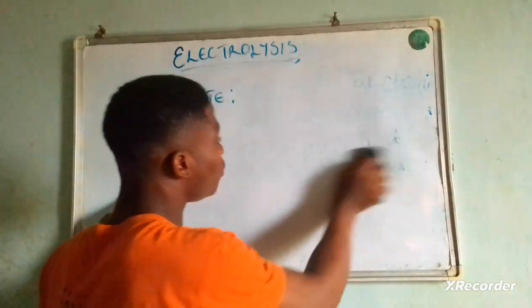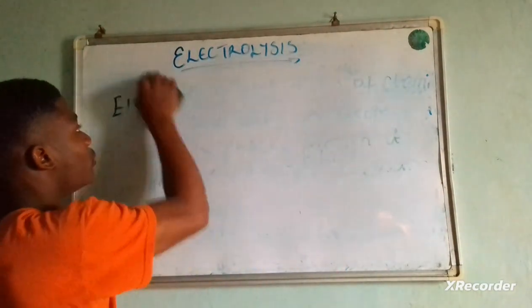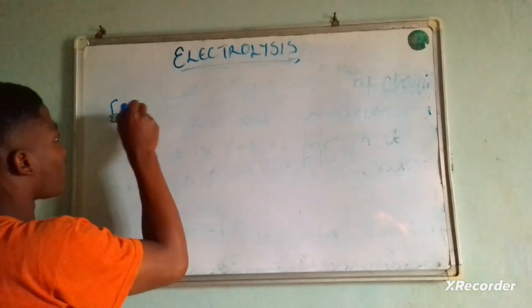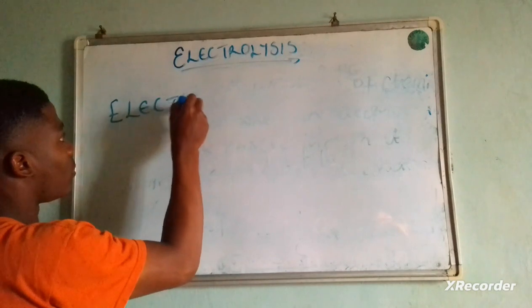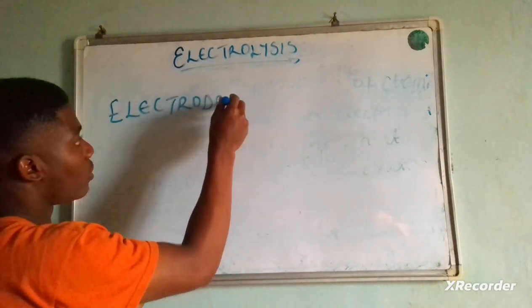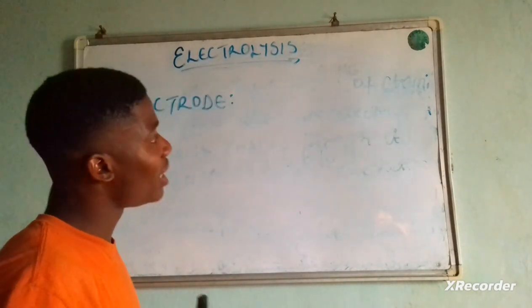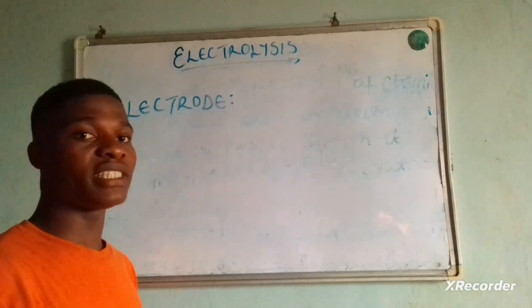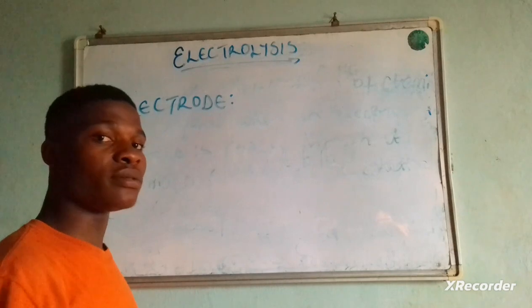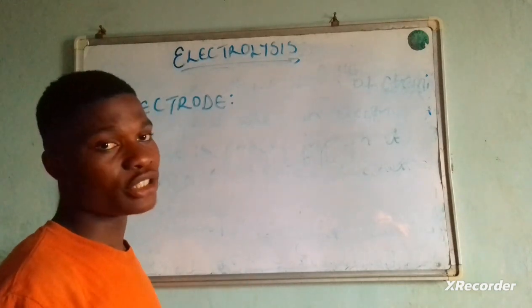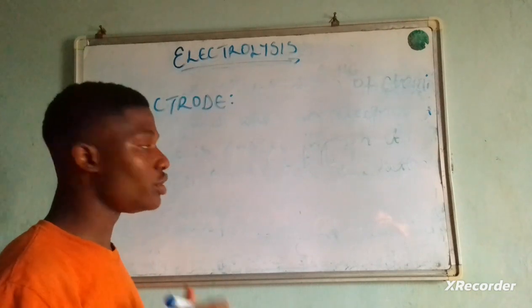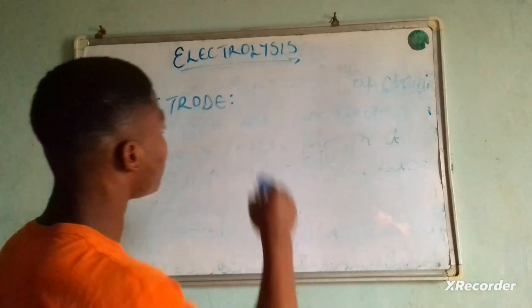Then the next one which we are going to talk about is electrode. Electrode is a pole. It can either be a negative or a positive pole through which electric current flows into the electrolyte. So let me write it down.